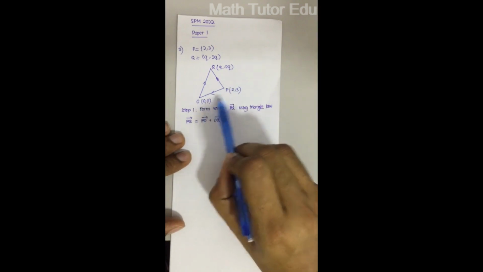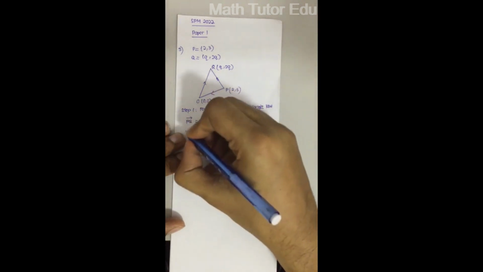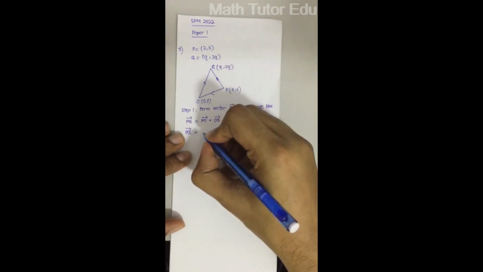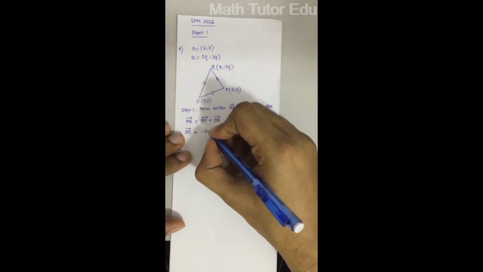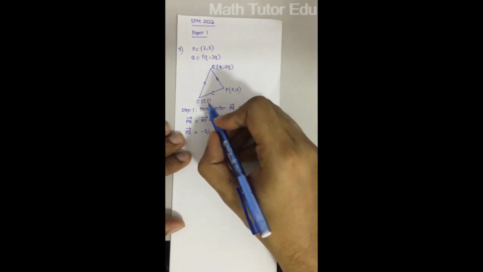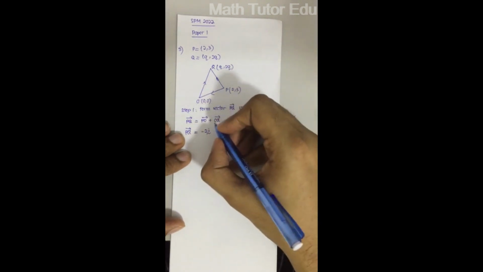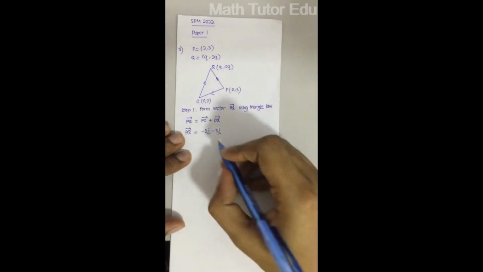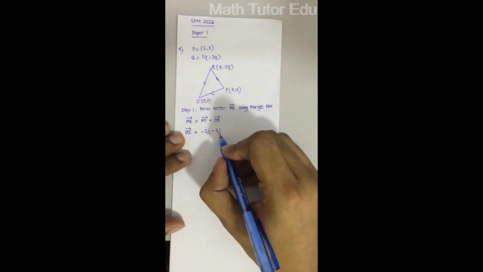So from here, 0 minus 2, so vector PO will be negative 2i, and then 0 minus 3, it will be minus 3j. i represents the x-axis, j represents the y-axis, guys.